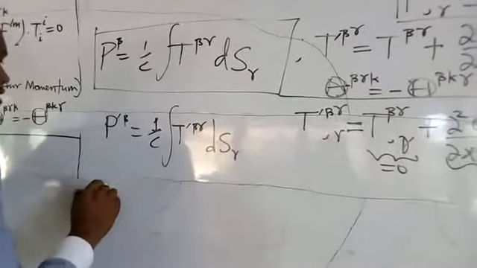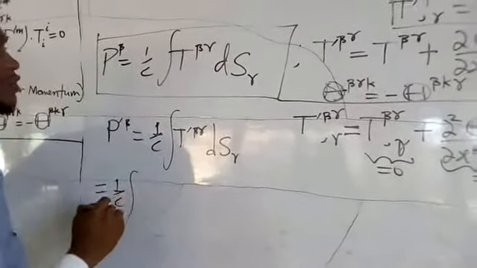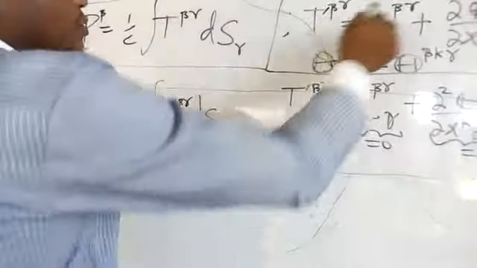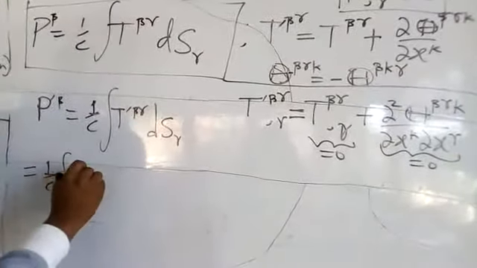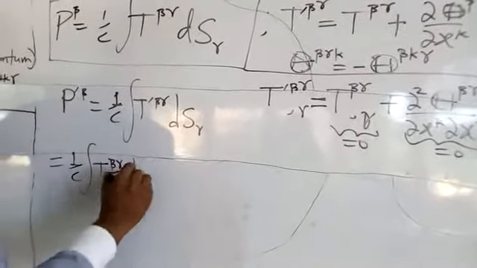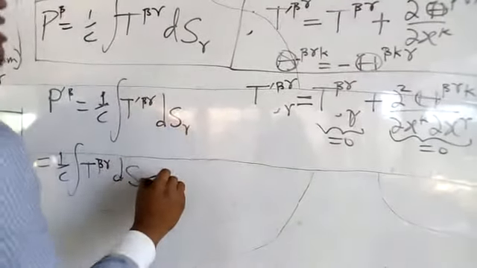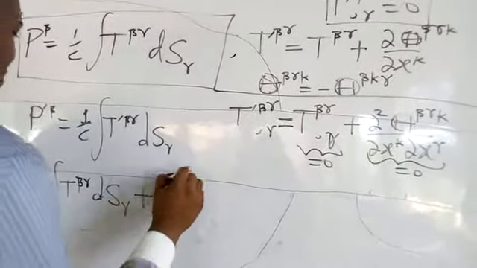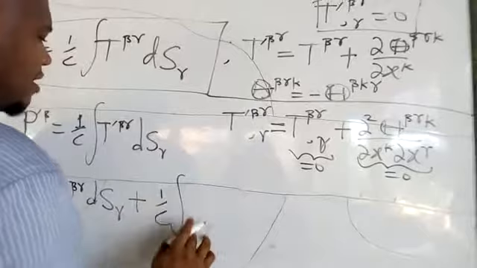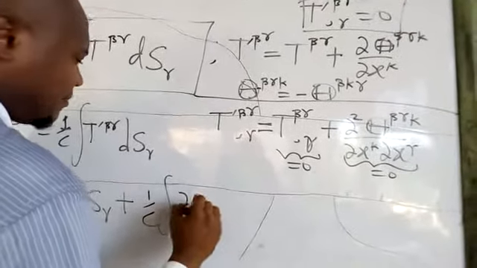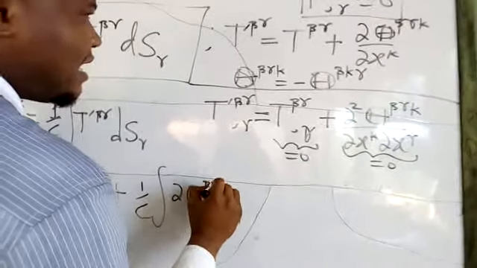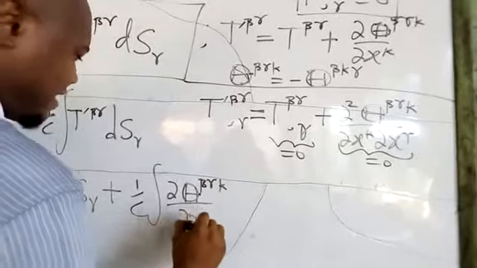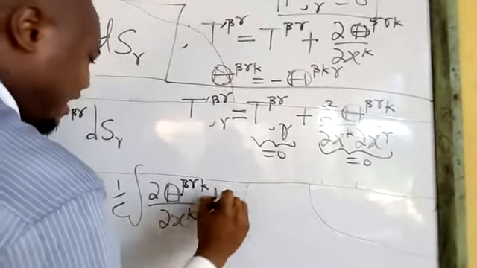To find out, you're going to have to substitute the expression which we have for this. So we are still going to have what we expect to be the normal thing, plus 1 over C, an integral, but here d theta beta gamma kappa, dx kappa, and here dx gamma.